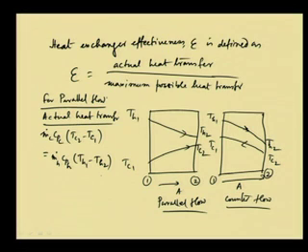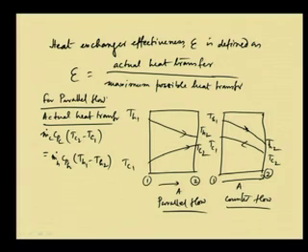And what is the maximum possible heat transfer? The total amount of heat transfer depends on the driving force and the heat capacity rate, that is, mass flow rate into Cp. So, in this heat transfer rate we have two things: one, m dot into Cp, and another, delta T, that is the temperature gradient.